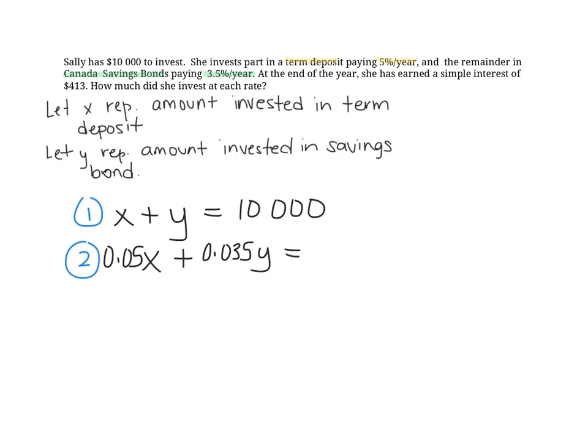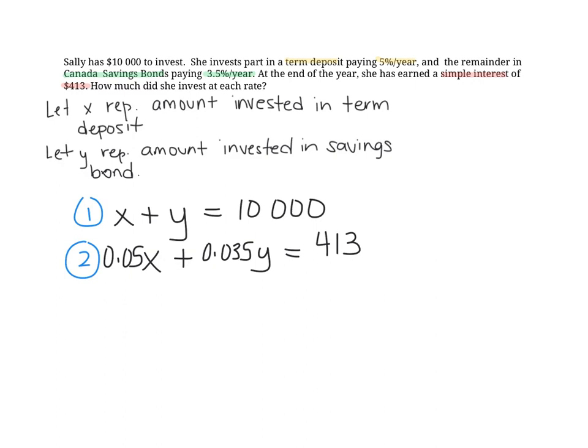Now, those amounts put together are going to total up to the amount of simple interest that she will earn at the end of the year. And the question tells us that at the end of the year, Sally can expect to get a total of $413 in interest from the bank, from her total savings. So that would correspond then to equation number 2.